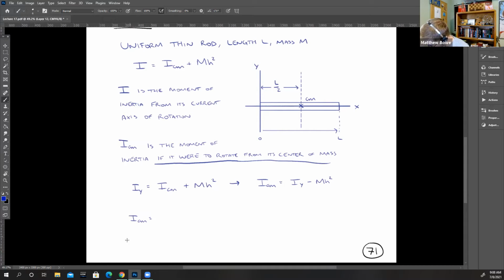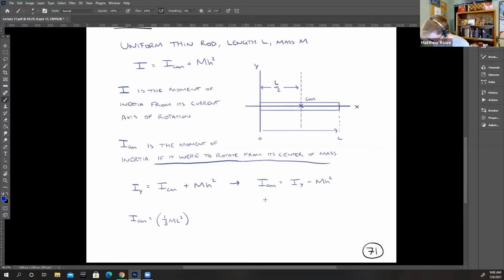My center of mass is the moment of inertia from one end. We've already found this. So I'll say 1/3 m l squared.